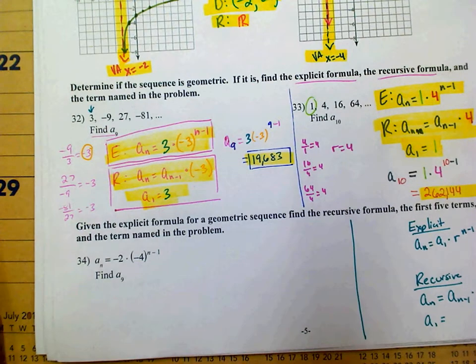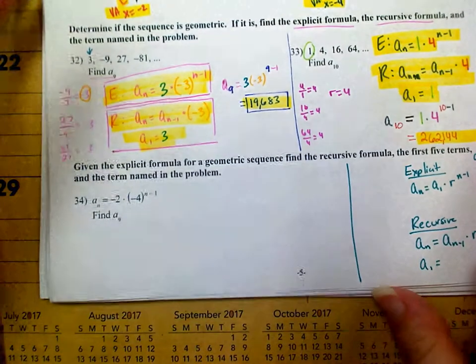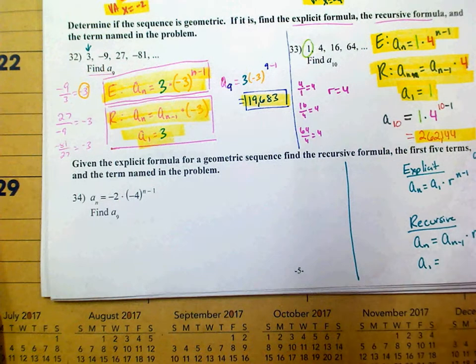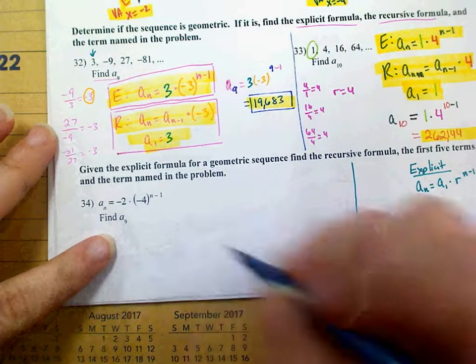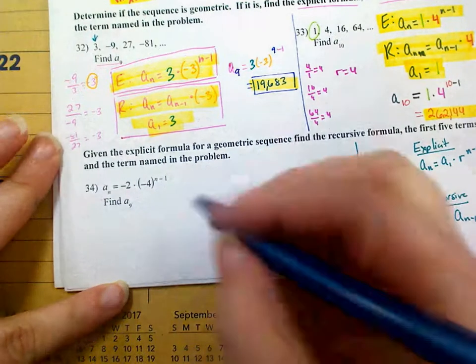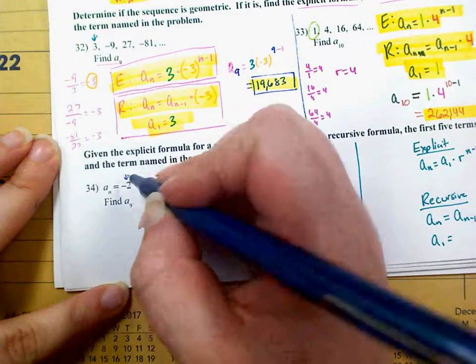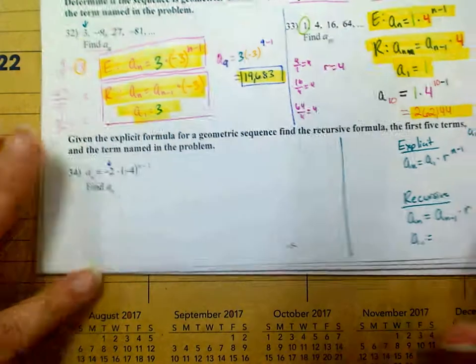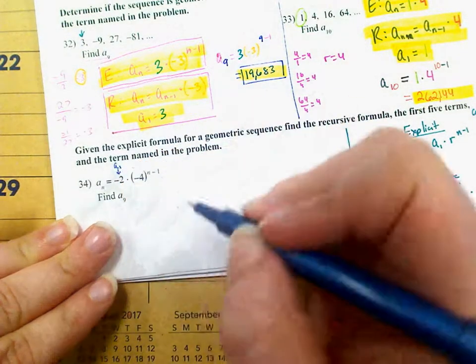All right, number 34 says given the explicit formula, find the recursive formula, the first 5 terms, and the term named in the problem. So, the recursive formula, well, first I have to make sure I know what I'm looking at. Looking at the formula, negative 2 is my first term, so that's a sub 1, and negative 4 is the common ratio.